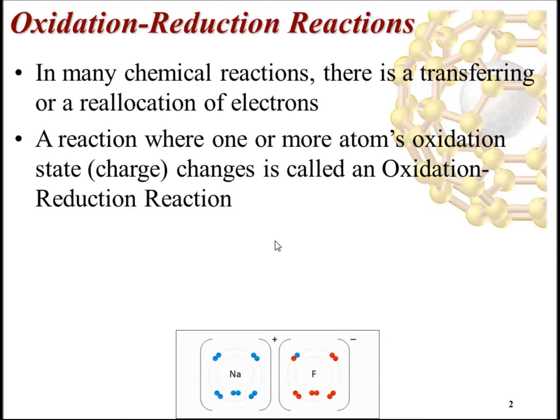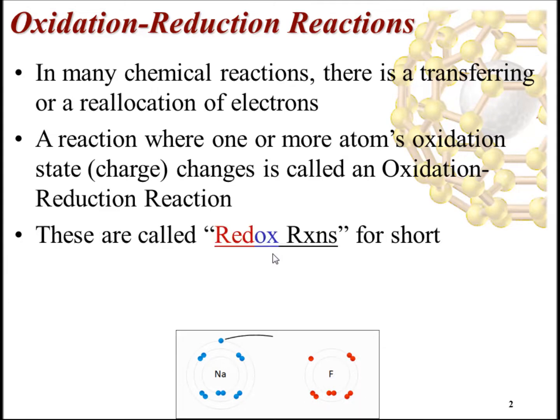Now we're going to define exactly what we mean by oxidation state, but it's pretty similar to what we think of as charge. Whenever at least one atom has a change in state between the reactant and the product side, that is called an oxidation reduction reaction, or redox reaction for short.